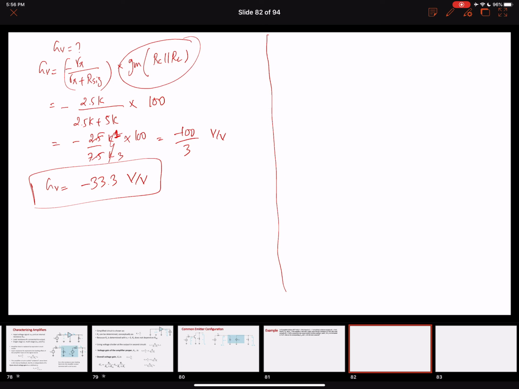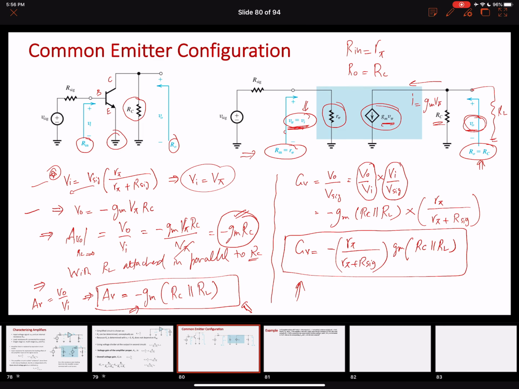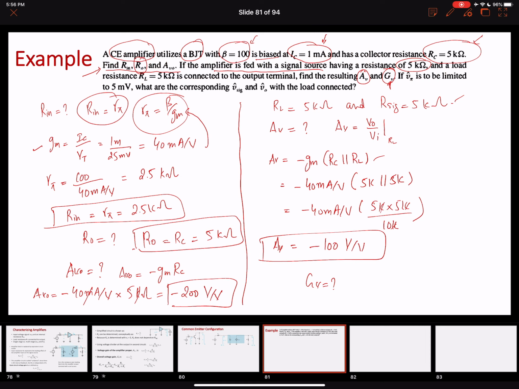Okay, let's do the third part now of the same problem. The third part says that if V pi is to be limited to 5 millivolts, meaning that the input voltage, we know that Vi equals V pi here, so the swings or the peak changes in the input voltage are to be limited to 5 millivolts, what are the corresponding values of the output and the signal voltages that we ended up finding with the load connected?